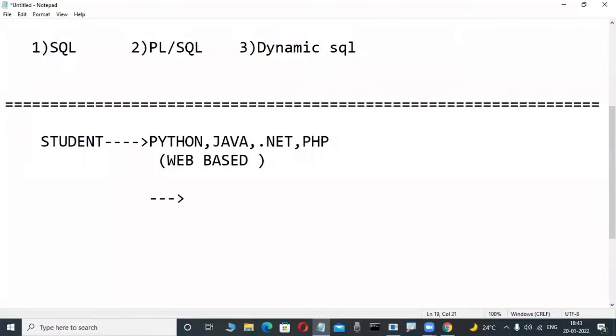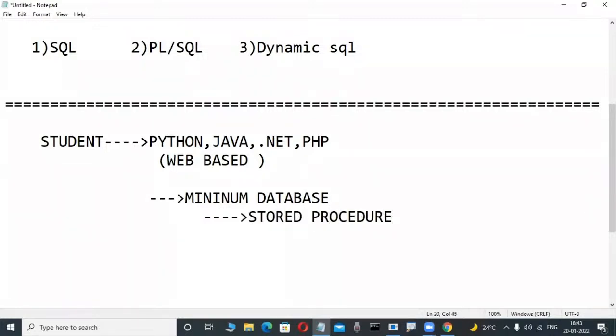Why? Because Java programmers use JDBC on the project side, and compulsorily they are using relational databases. .NET programmers have ADO.NET, and in that they are also using databases. In databases, the minimum knowledge is stored procedures, a regularly used concept.